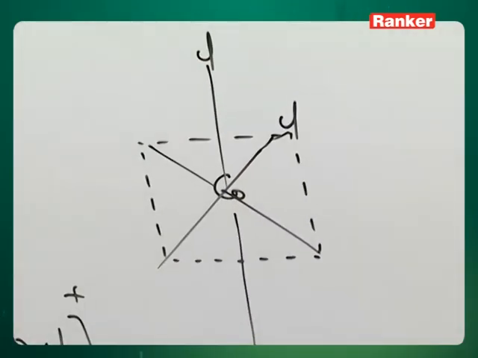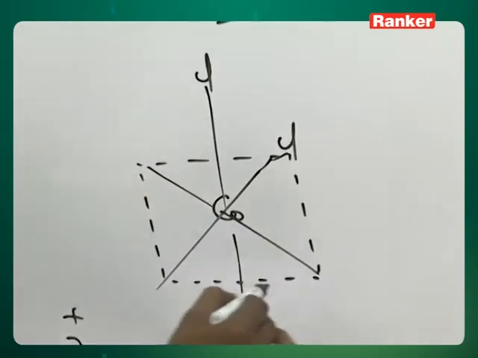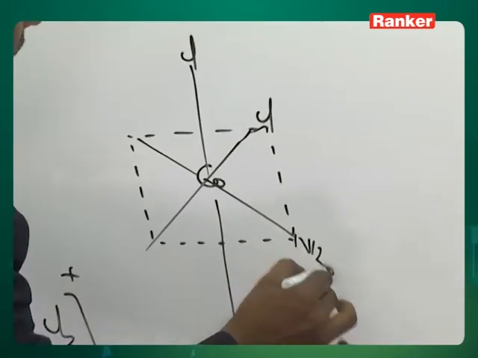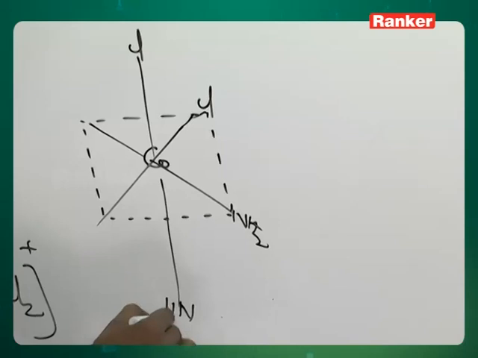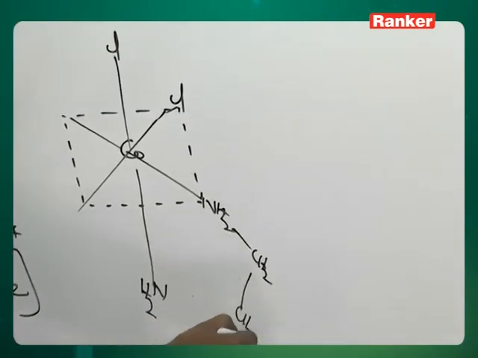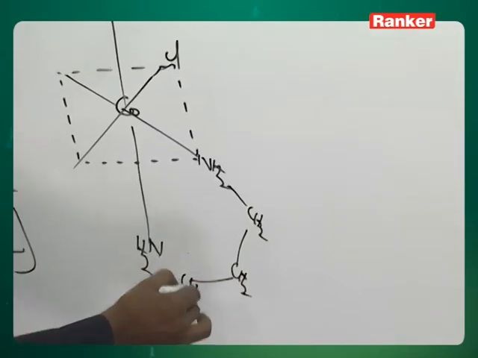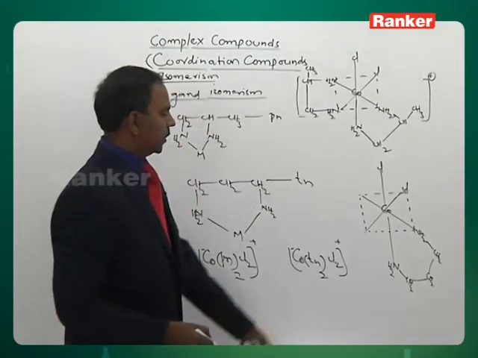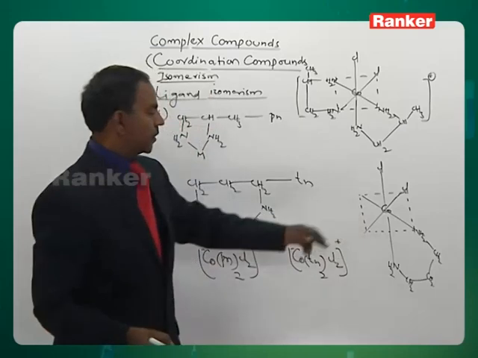Cl, Cl, and again we have to link this particular 1,3-diaminopropane, C. This is a 6-member ring. One more 6-member ring we write.